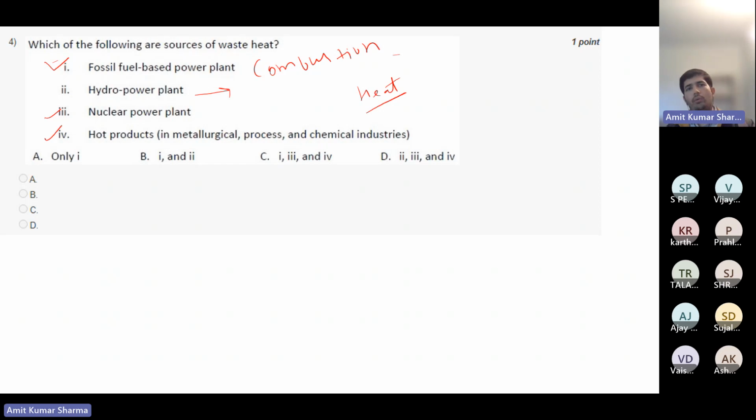So we cannot use that. A high amount of waste heat is available in these three sources. So the correct option will be option C, first, third, and fourth.